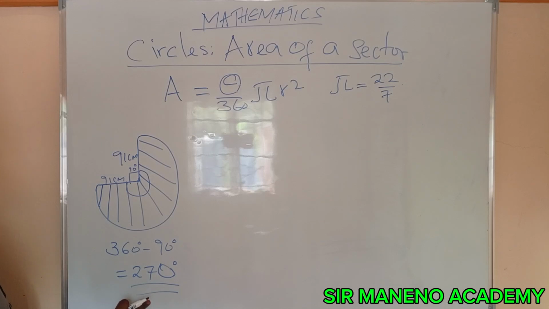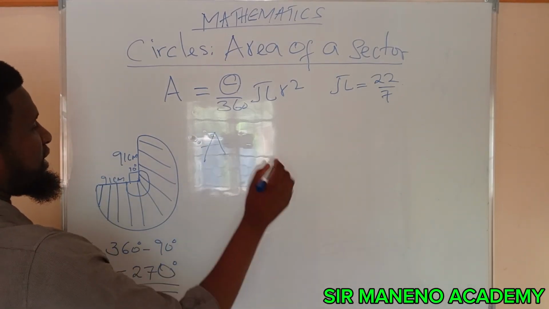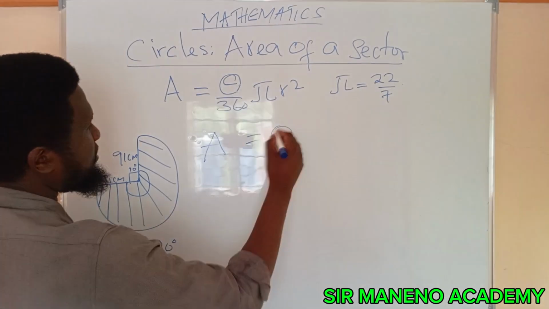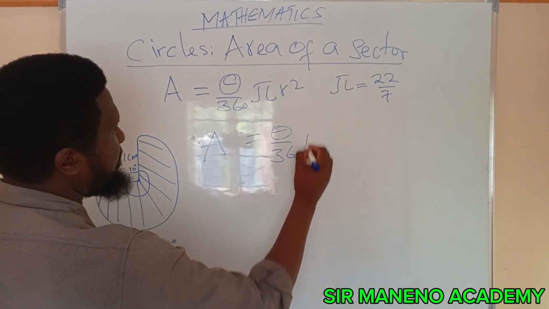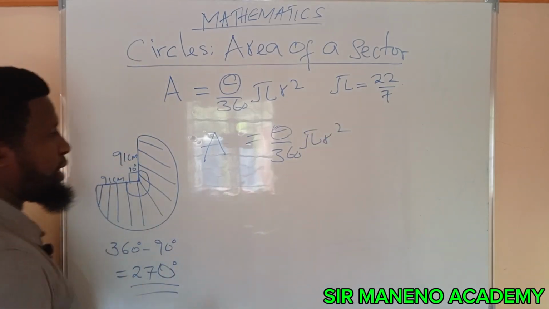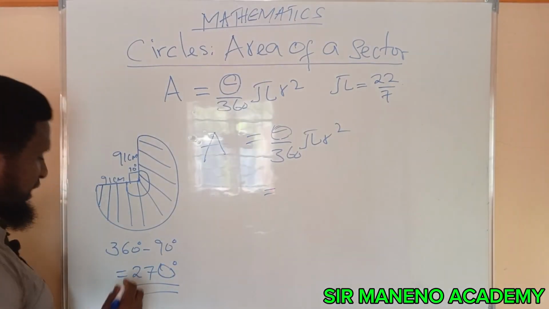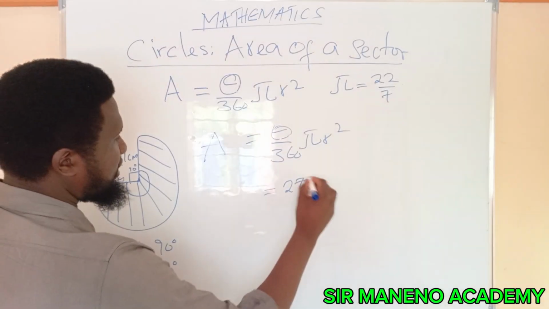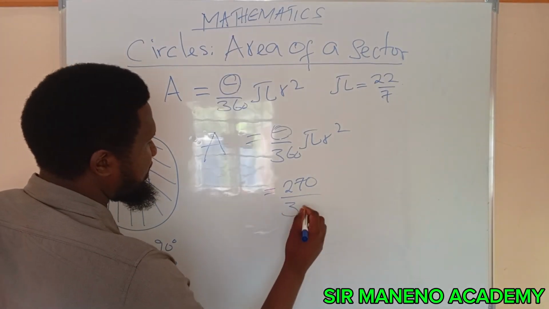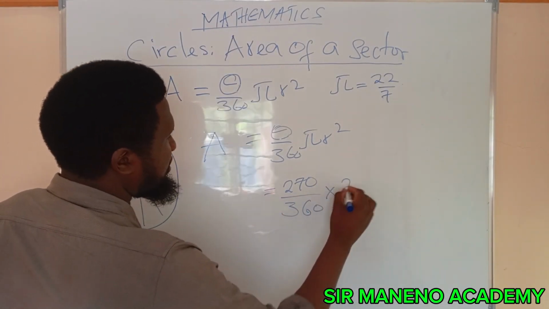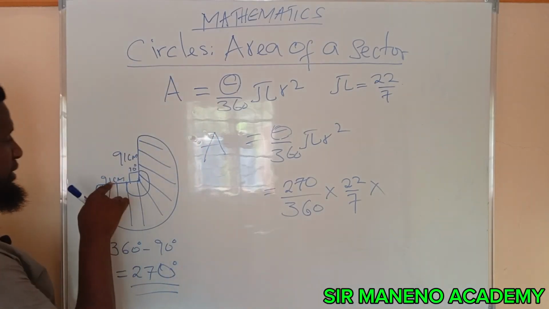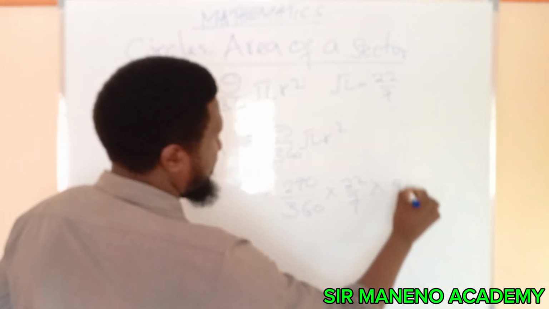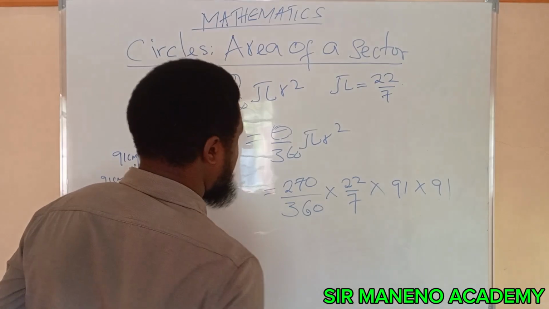So now we have theta here. We have radius. Now we can calculate the area. So area is equal to theta over 360 pi r squared. So here theta is 270 divided by 360 times 22 over 7 times radius is 91 times 91.